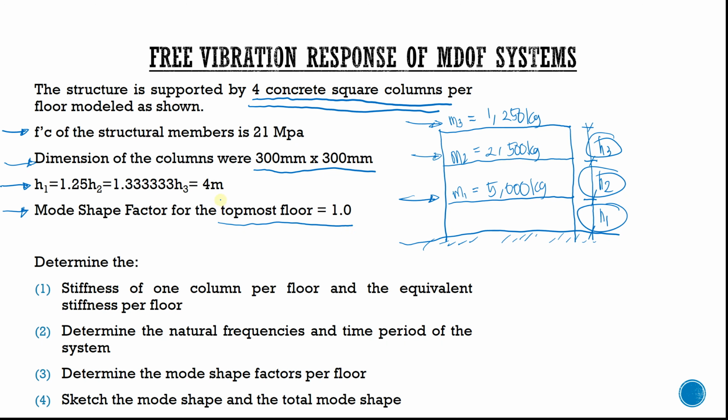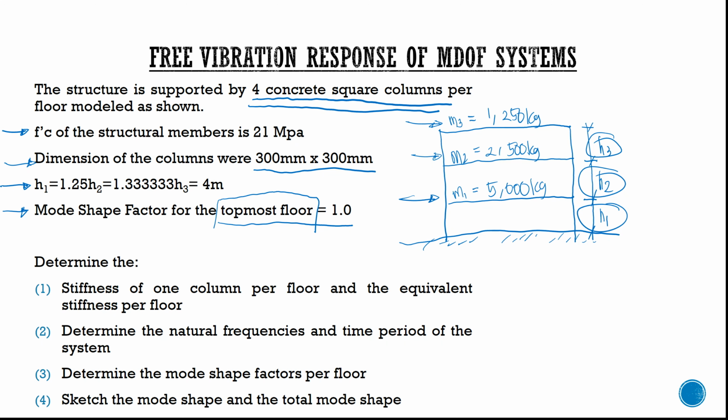Take note of this. You need to take note of these details, because at times the problem may give you that the mode shape factor for the second floor is 1.0, or probably the first floor is 1.0. So for this example, the mode shape factor of the topmost floor is equal to 1.